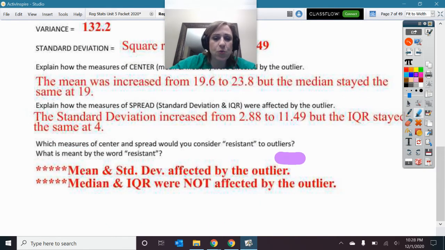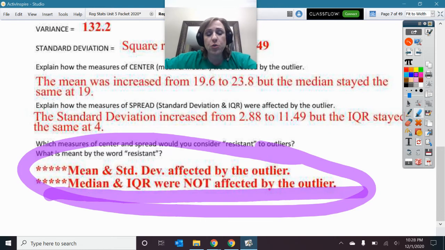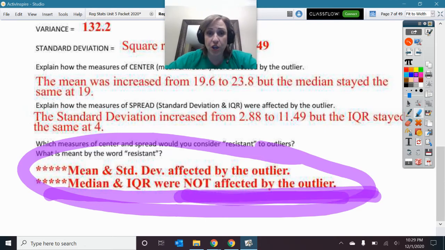That is why we choose certain measures to use. So the shape, because if you have skew or outliers, then you need to choose the median and the IQR because they are not affected by skew. They are not affected by outliers.